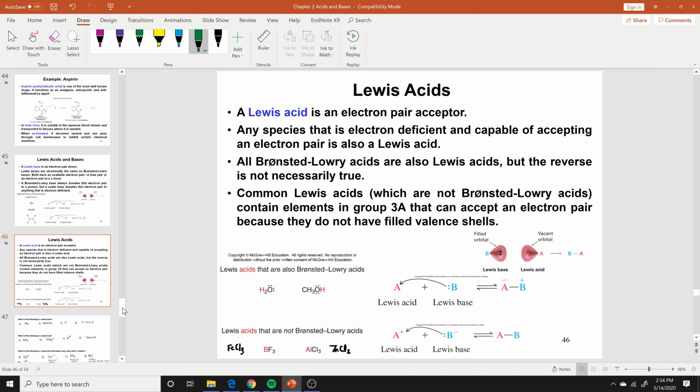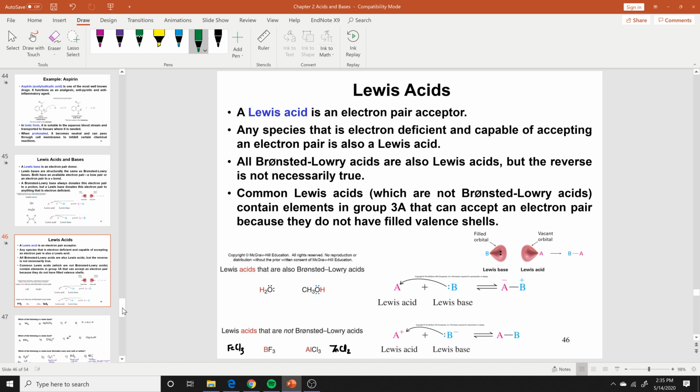With respect to the Lewis acid, this is where we part from the Bronsted-Lowry acid. By definition, all Bronsted-Lowry acids are Lewis acids, but the opposite is not true. Not all Lewis acids are Bronsted-Lowry acids. Let me explain.